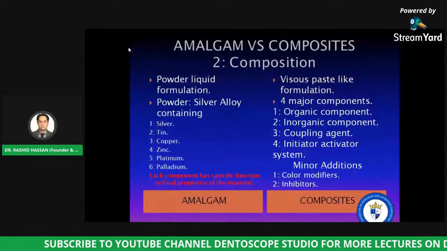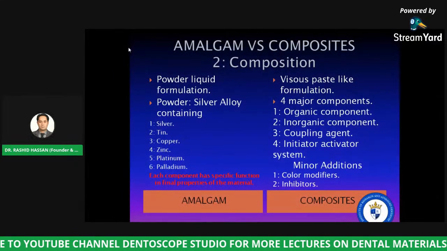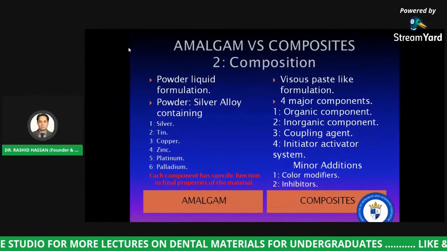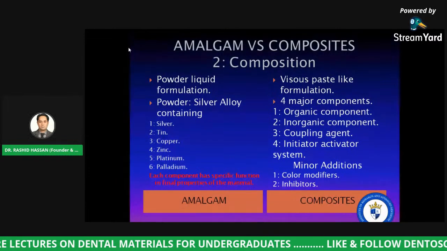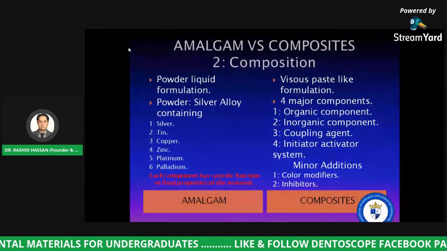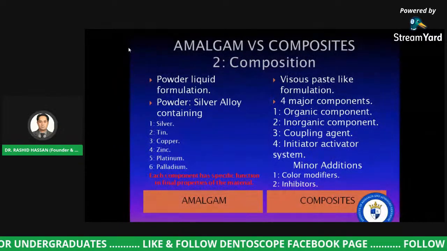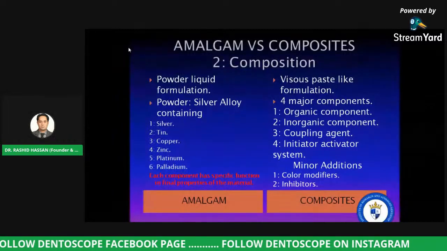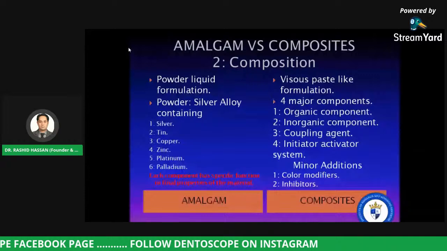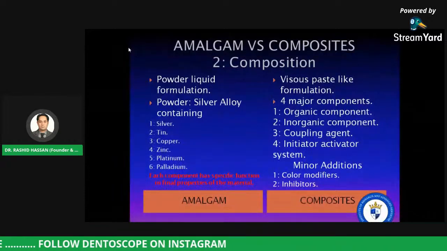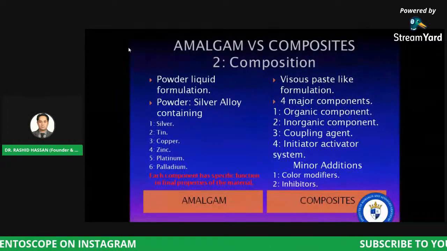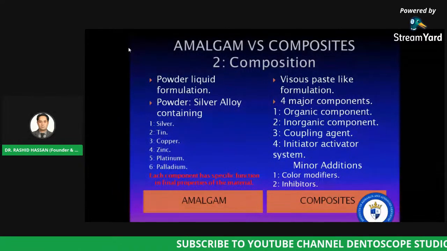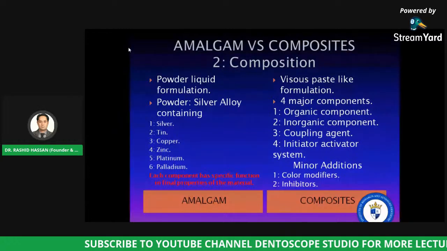Okay, now let's talk about the composition. Let's see the composition of dental amalgam. As I told you, dental amalgam is the combination of the silver alloy powder and the liquid mercury. So these two form the dental amalgam. The silver alloy powder contains other elements as well, which are silver, tin, copper, zinc, platinum, and palladium.